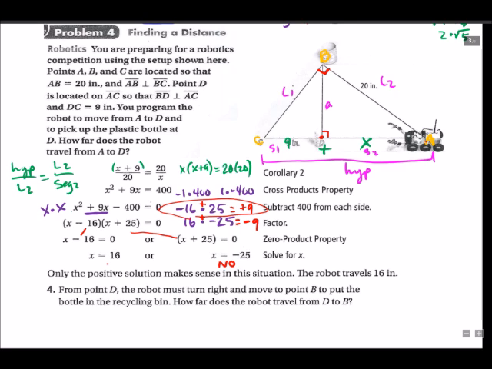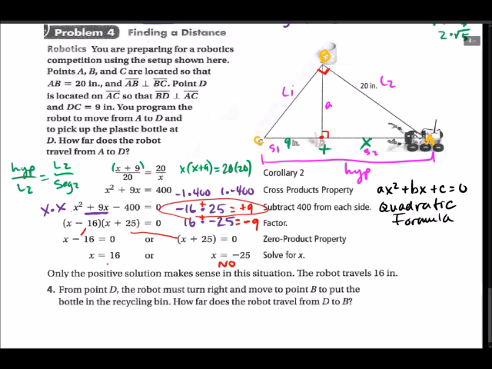There is also an option in the form ax squared plus bx plus c equals 0. That is standard form, we have the quadratic formula, which always, always, always works. Sometimes it's easy to factor. Quadratic formula always works.